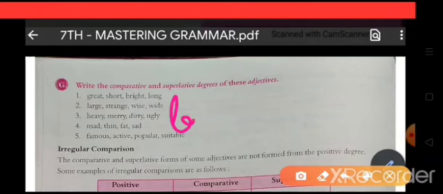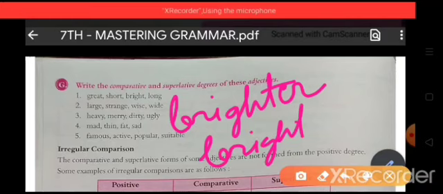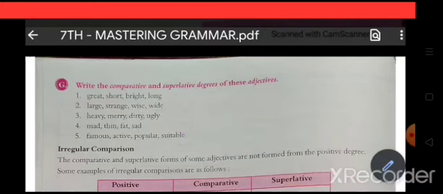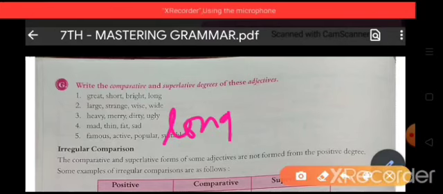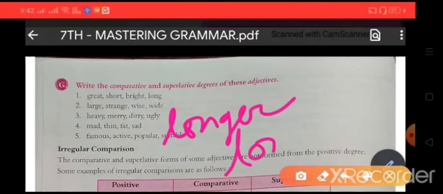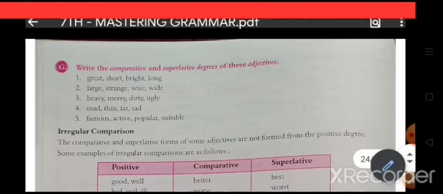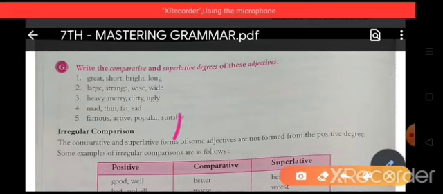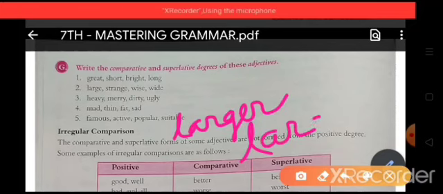Bright, brighter, brightest. Long, longer, longest. Heavy. Now let's move to the second. Large, larger and largest.